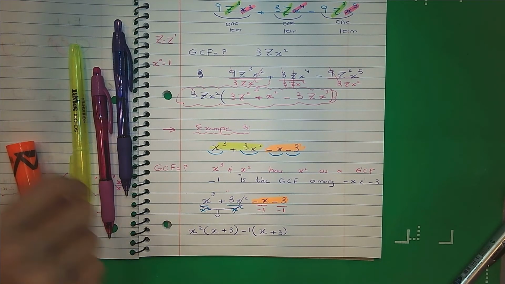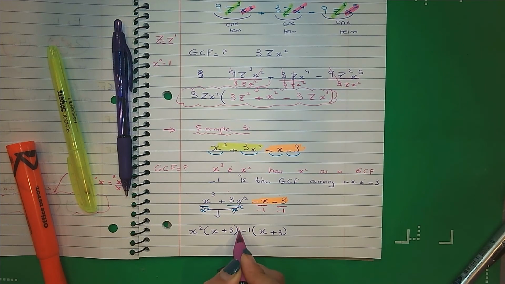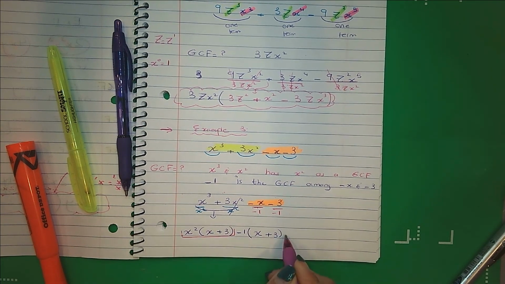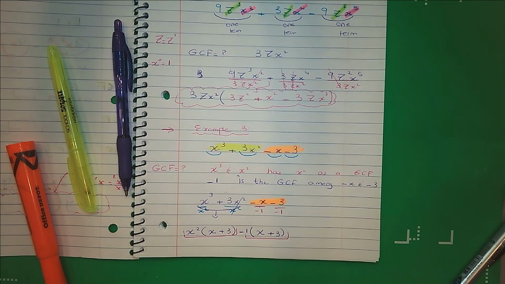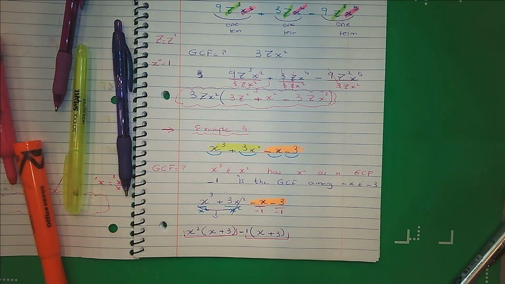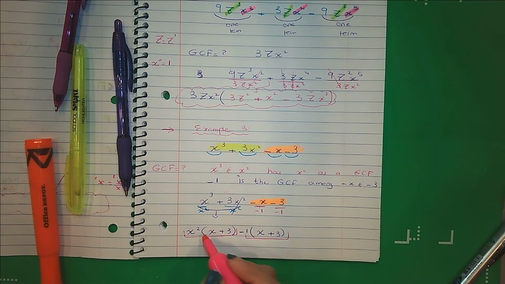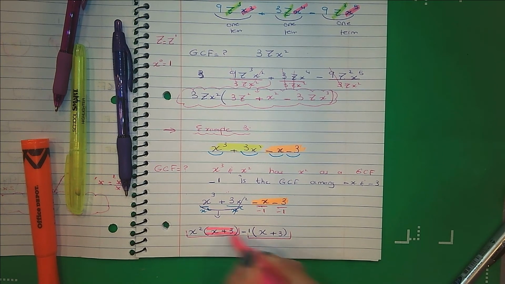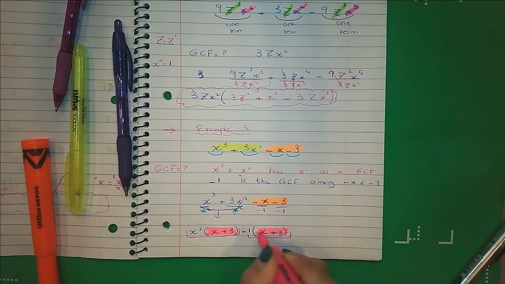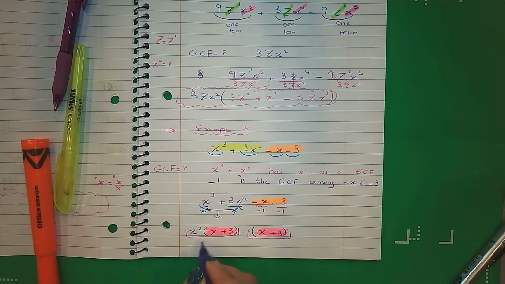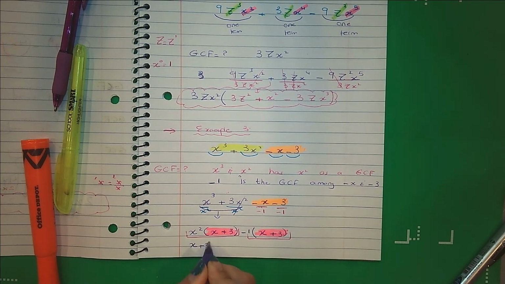Remember, this is one term, and this is all one term. You have to remember this. So what's in common here? X plus 3 is going to be your greatest common factor. So we got x plus 3.